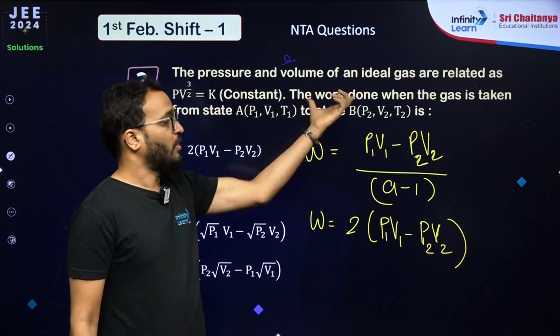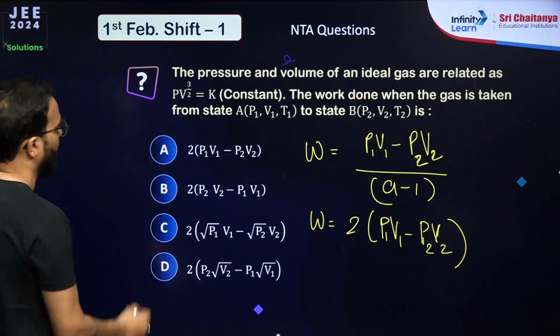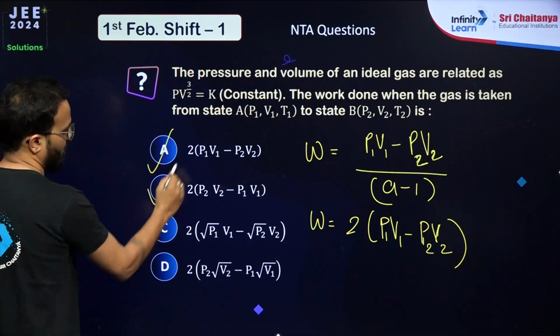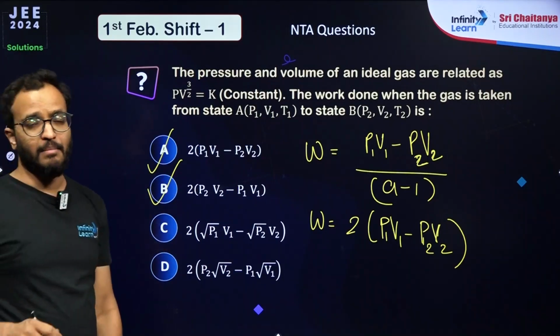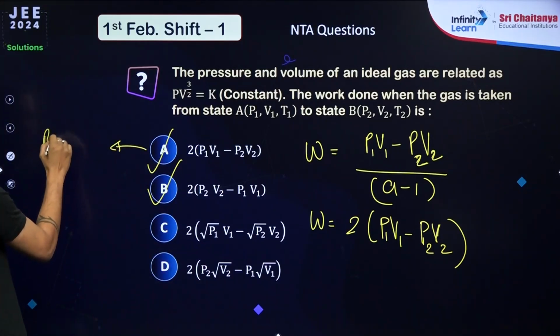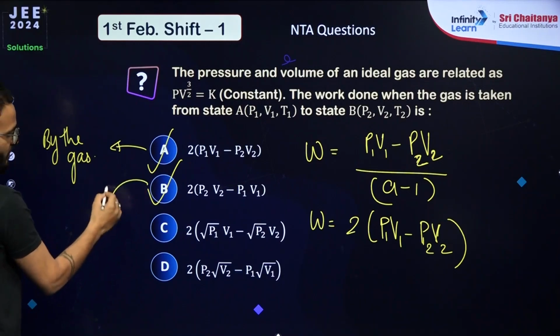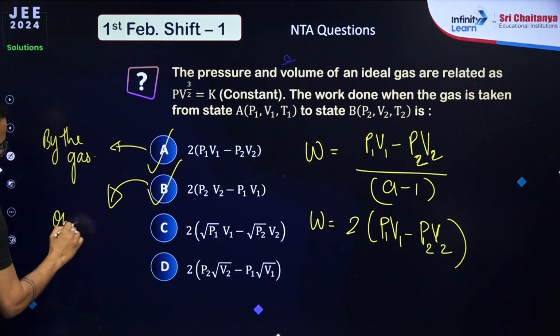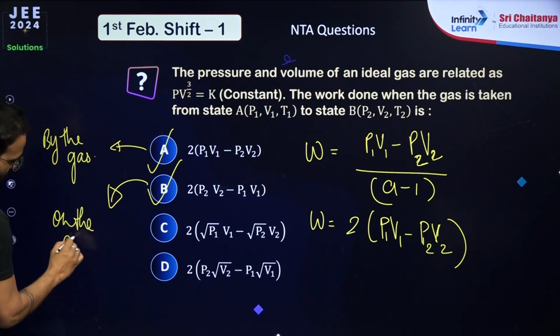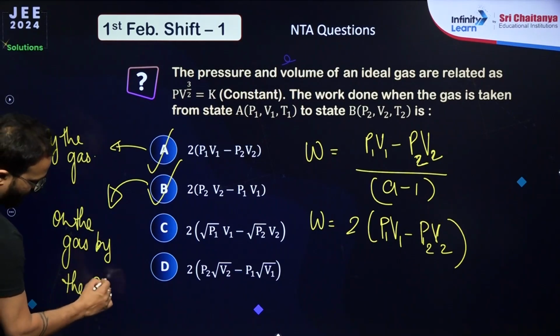That's all. But they have not asked work done by the gas or work done on the gas. So either this can be true or this can be true. Option A will be correct if they ask work done by the gas. This will be correct if they ask work done on the gas by the surrounding.